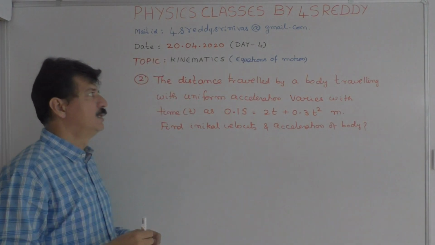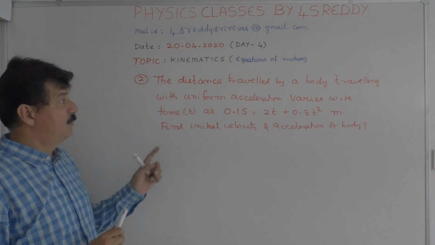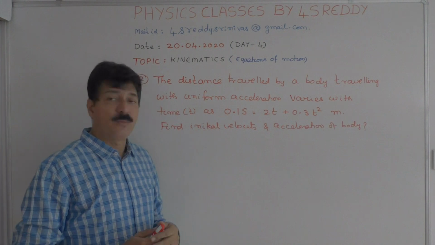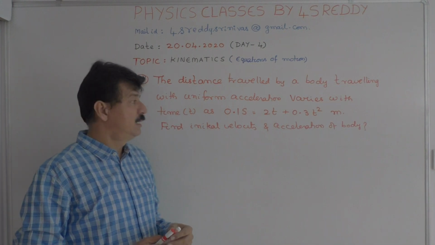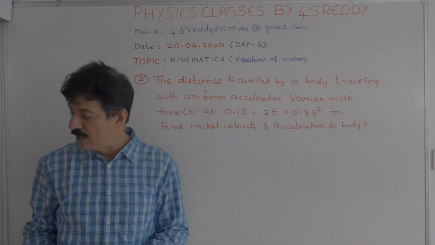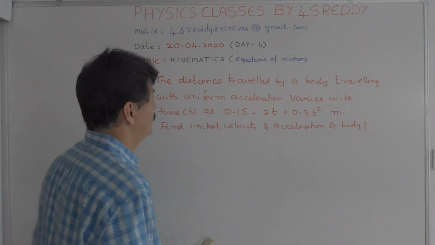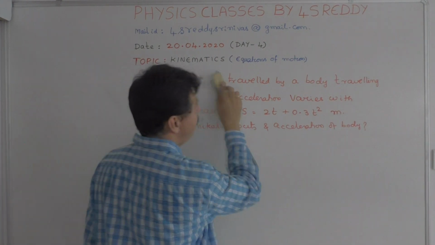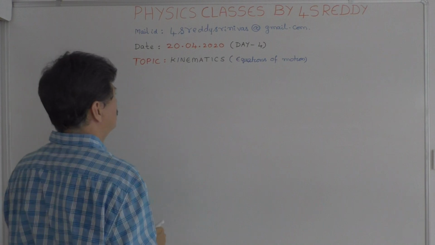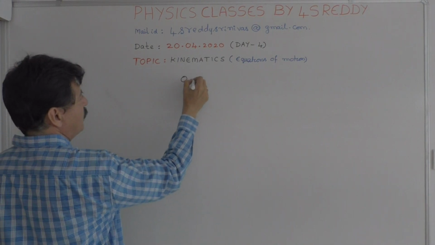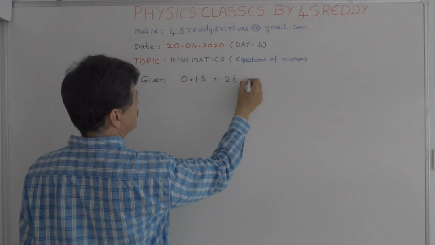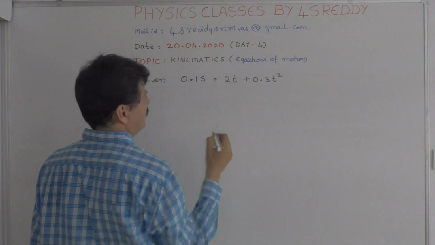This is the question. The distance traveled by a body traveling with uniform acceleration varies with the time t as 0.1s is equal to 2t plus 0.3t square meters. Find the initial velocity and acceleration of the body. Then for this, how to do this? It is simple. What is given is 0.1s is equal to 2t plus 0.3t square.